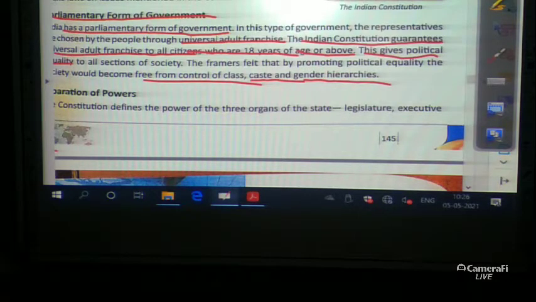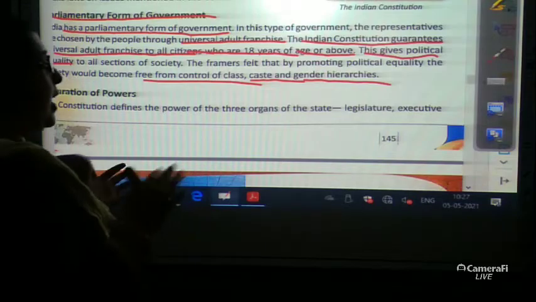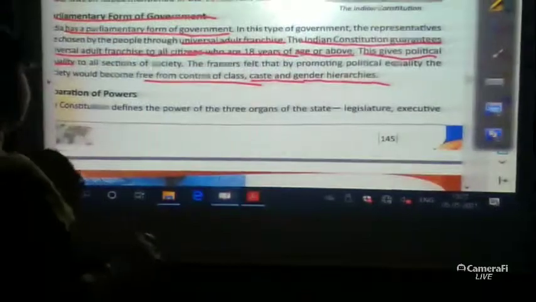So what is gender hierarchy? Gender means the division of men and women, male and female. Gender hierarchy is one of them, men or women, being considered superior to the other. This differentiation is the gender hierarchy.